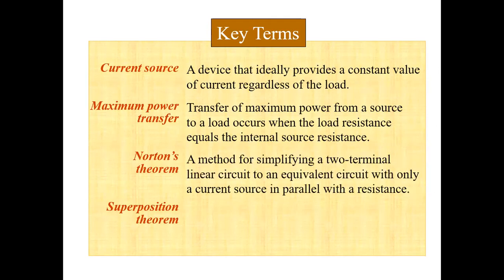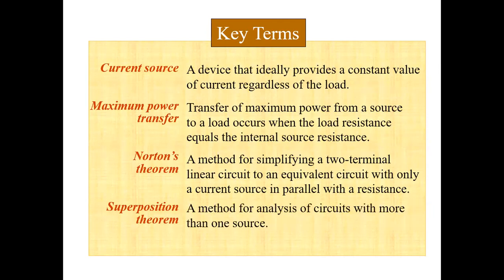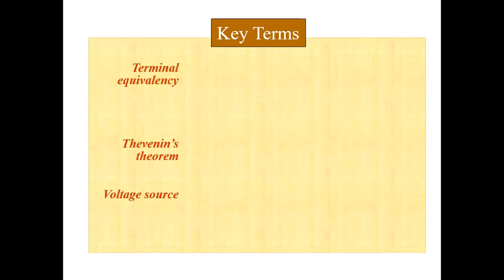Norton's theorem is a method of simplifying a two-terminal linear circuit into an equivalent circuit with only a current source in parallel with a resistance. And lastly, a method for analyzing circuits with more than one source is the superposition theorem.